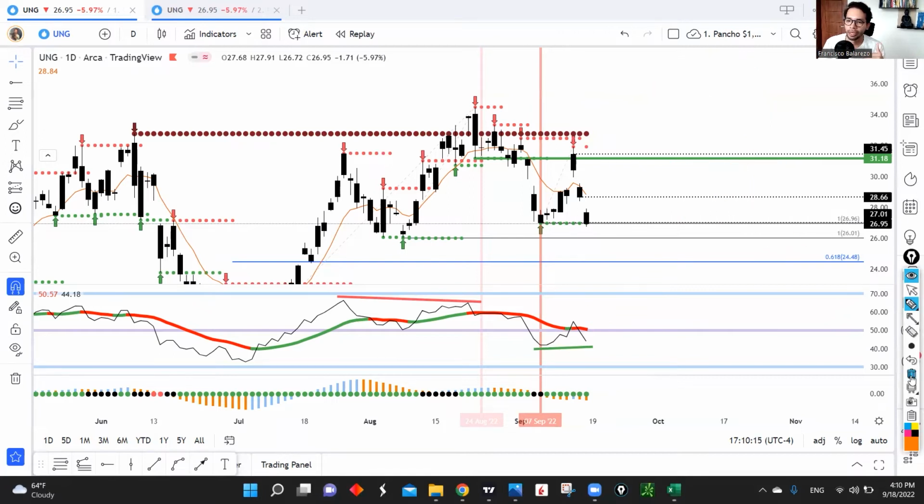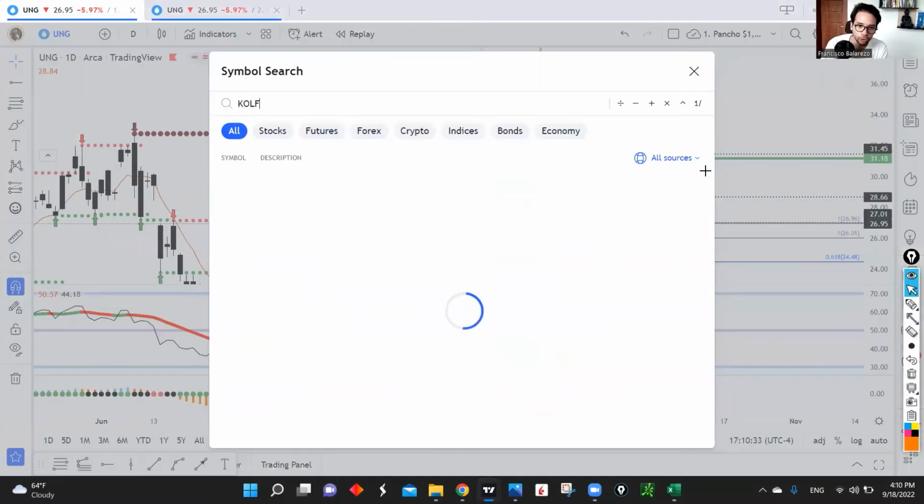Now, I'm always going to do my charting using the main trading vehicle, in this case UNG, but I'm going to trade it using the leverage ETF. So most of my charting is going to be using UNG, and then I'm going to execute it using KOLD. Let me show you the chart of KOLD.